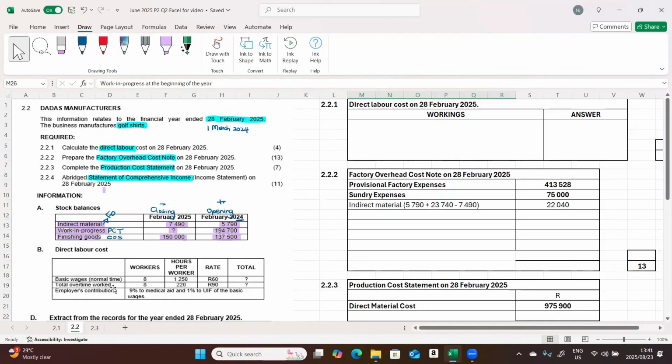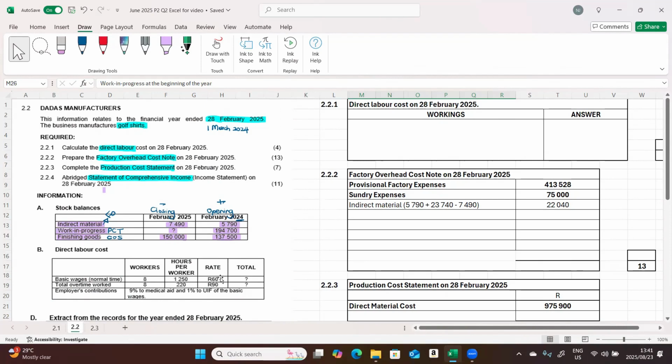So as I said, we need our number of workers that are directly involved in manufacturing golf shirts. We need the hours that they have worked, but we have to read carefully. It's the hours per worker, right? We have 8 workers, and each of them has worked 1,250 normal hours.